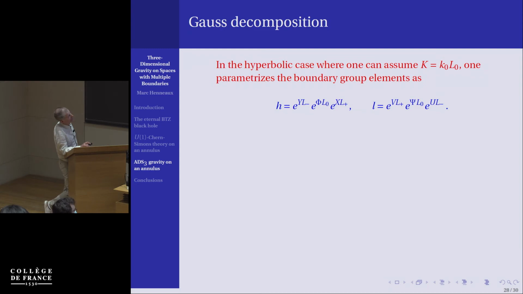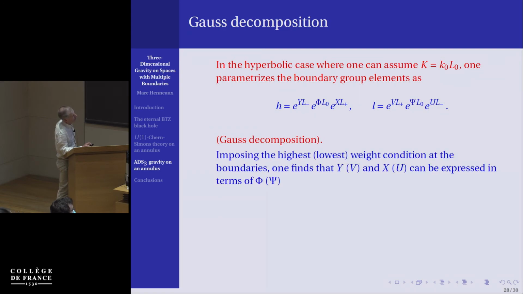You do the same for H, and for L you do the same, but because we are imposing the lowest weight gauge at the inner boundary, you take them in reverse order. It turns out to be more convenient. It's just a change of variables between this V, psi, and U and the Y prime, phi prime, X prime that you would get at this boundary by using this order. That's not very deep. It just makes things much more convenient.